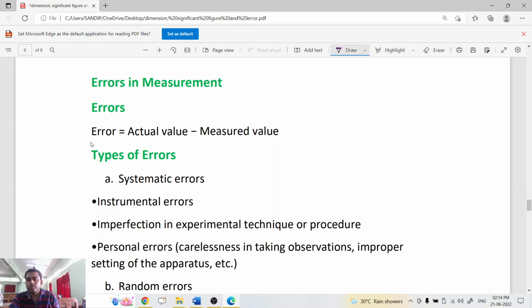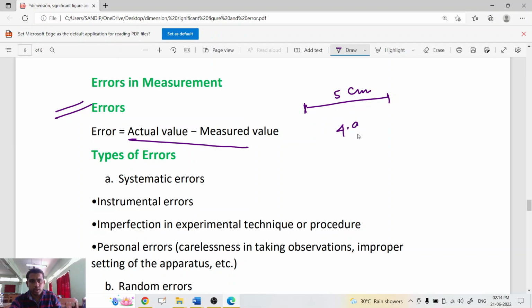Okay, here you can see, in general error means actual value minus measured value. Suppose we find out the length of a rod and the actual value is 5 centimeter. Now anyone finds the length of the rod as 4.9 centimeter. So what is the error? Simple, 5 minus 4.9, so we get 0.1 centimeter as the error.